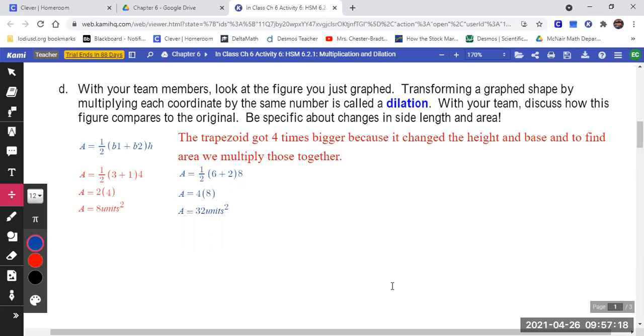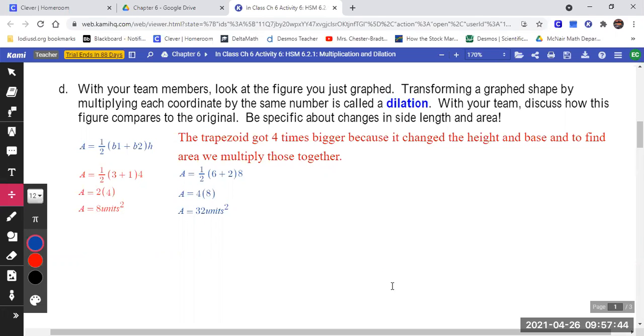No, 6 times 6 is not 12, because it's units squared. It's times itself. So how much bigger is multiplying x and y times 6? It's 6 times 6 bigger, 36 bigger, 36 times bigger.